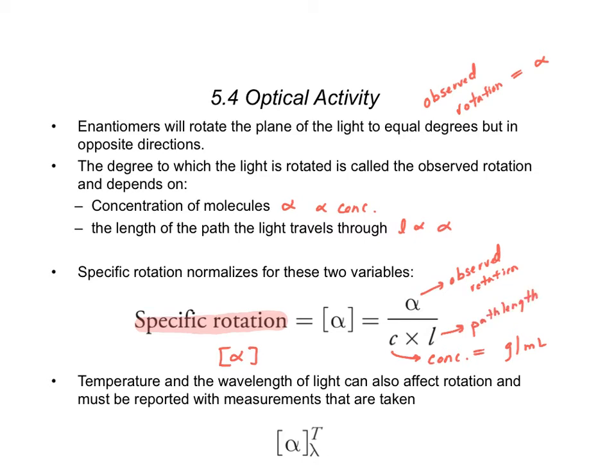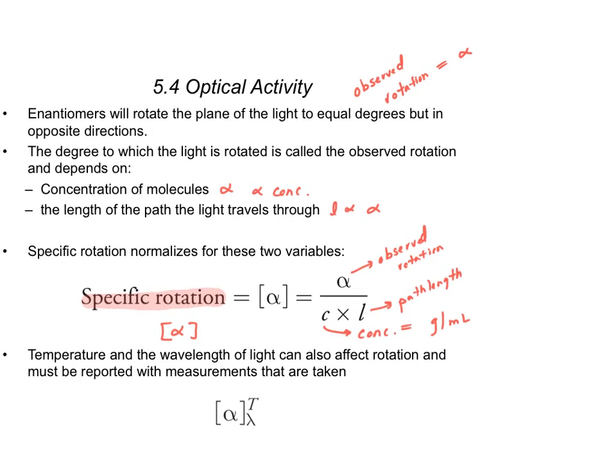How do we normally measure lengths? Meters, right? That's a nice standard one. The path length here is actually defined in terms of decimeters. I don't know why they do this, but they did. So what is a decimeter? It's in between millimeter and meter.